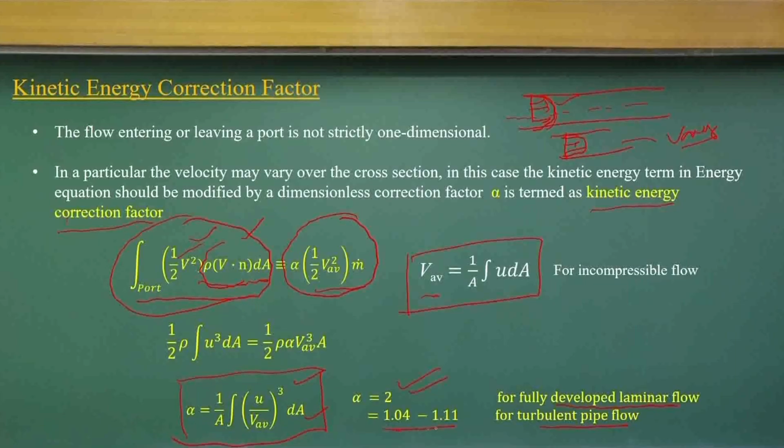In any fluid flow problem, we should compute the alpha value. Whenever we apply Bernoulli's equation considering the velocity distribution, the kinetic energy correction factor needs to be included, and it varies for turbulent pipe flow and is equal to 2 for laminar flow.